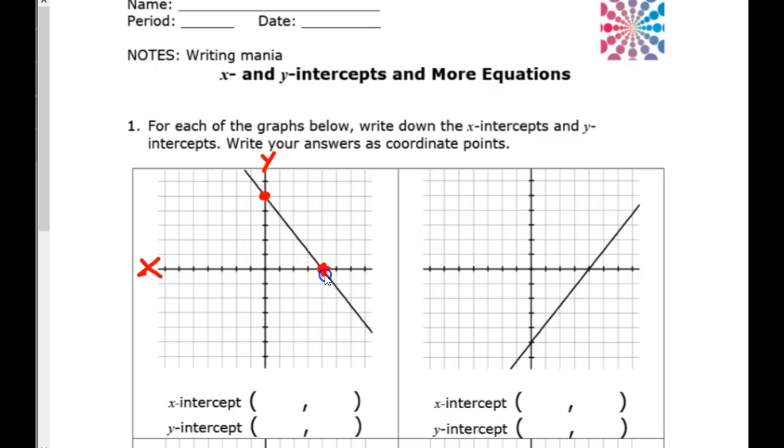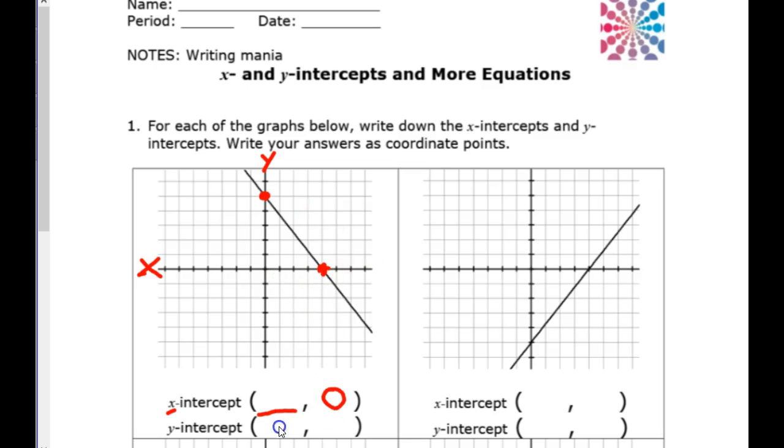Now, what are the coordinates of this point right here, the x-intercept? So I hear a couple things. Is it 4, 0 or 0, 4? Okay. So here's how you tell. X-intercept has a number for the x and a 0 for the y, because it's on the axis.